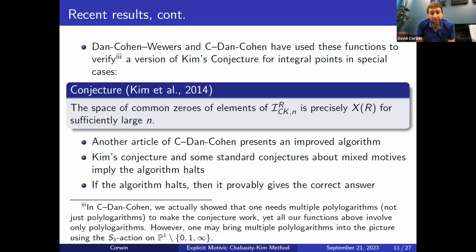The conjectures that imply that the algorithm halts are basically going to be Kim's conjecture, and maybe certain conjectures about certain Hopf algebras of motivic periods being generated by certain specific kinds of motivic periods, which maybe you can say is a conjecture of the form that all Galois representations satisfying some abstract condition come from some specific geometric situations.